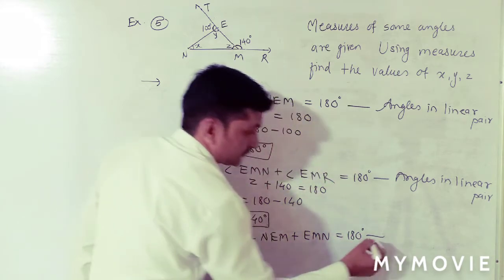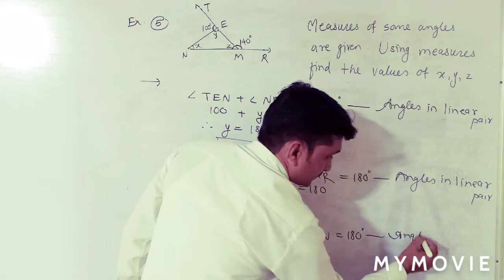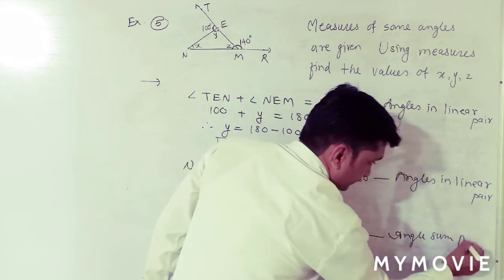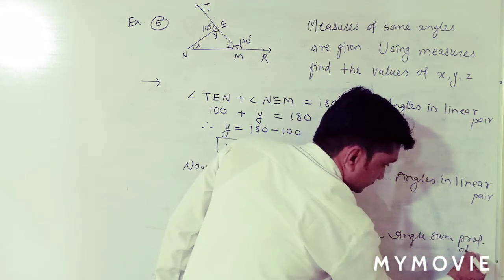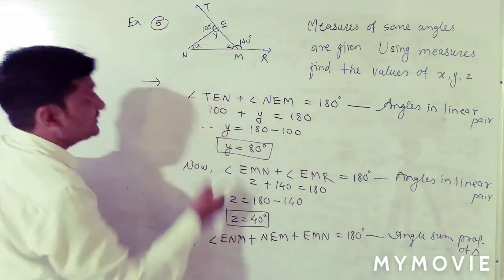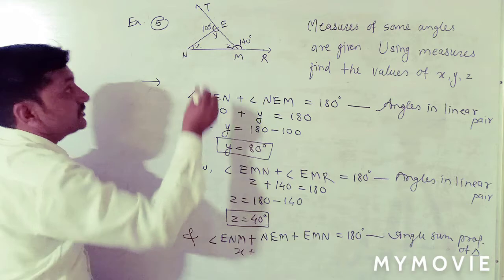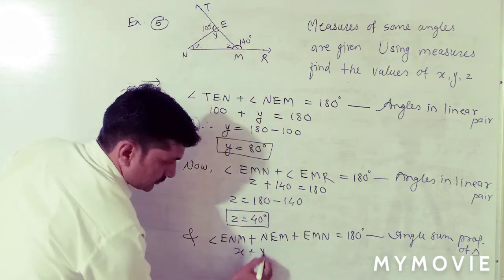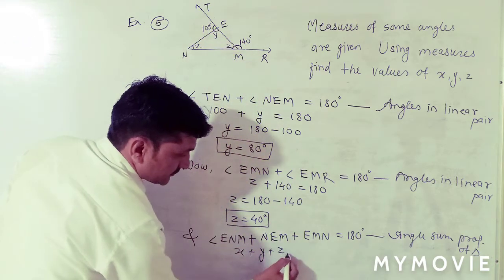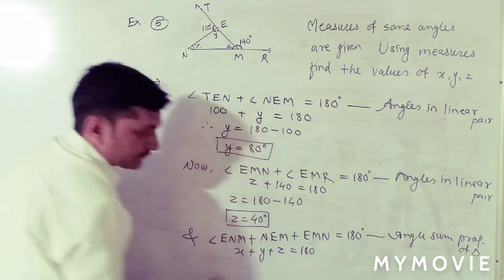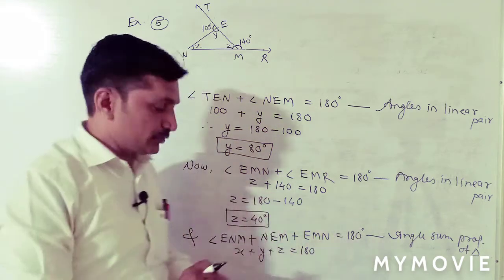And here the reason is the angle sum property of a triangle. Now put values: ENM x, NEM y, and EMN z is equal to 180.